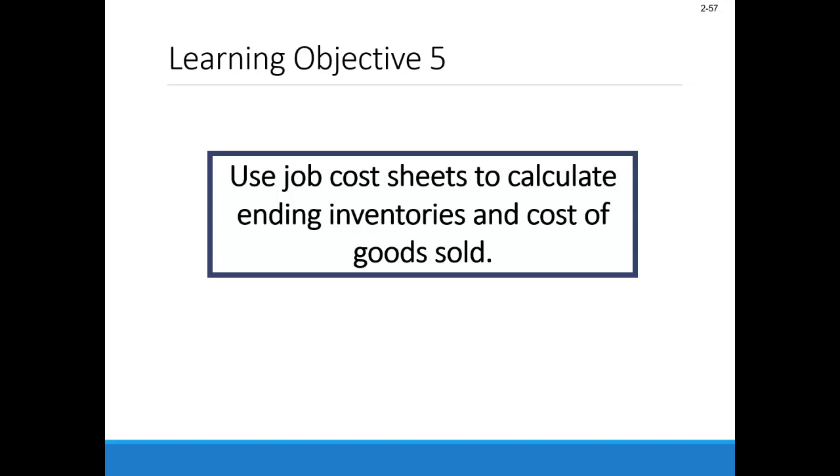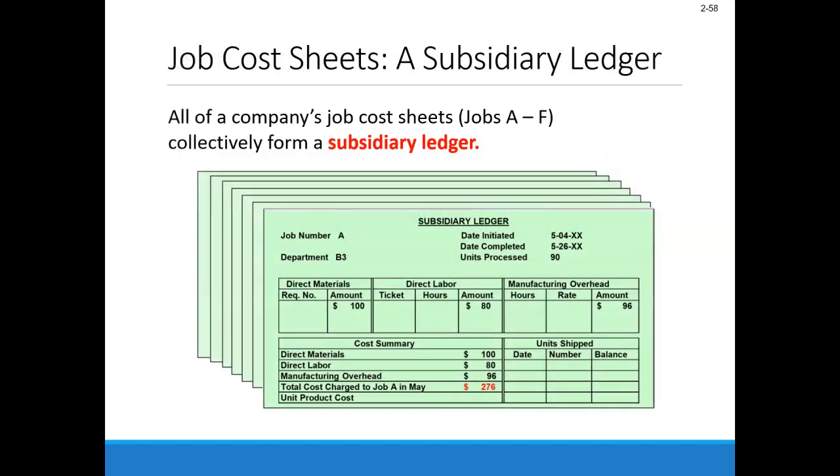Now, these cost sheets that we're assigning to jobs, when the job has not been completed and it's still in process, we're going to have to separate out what's still sitting in finished goods versus what has been actually sold.